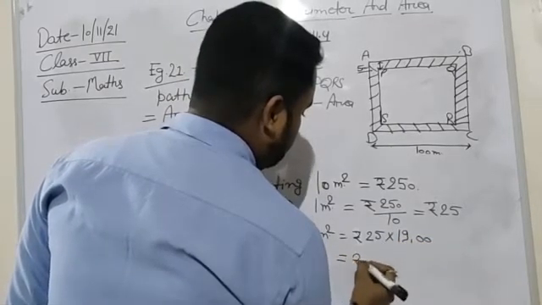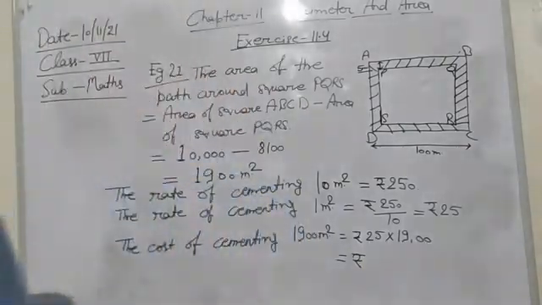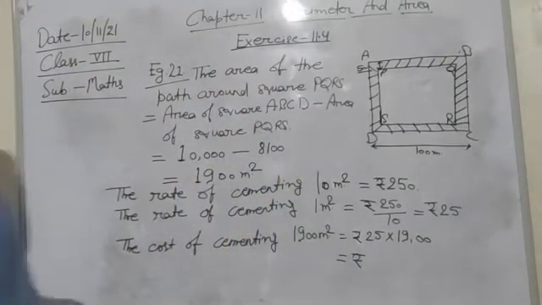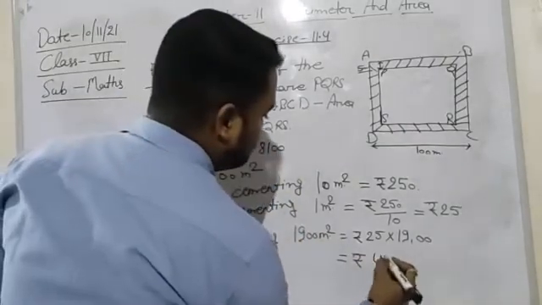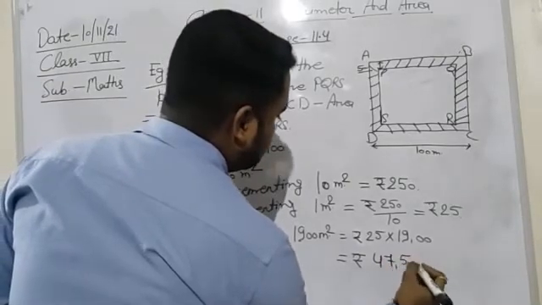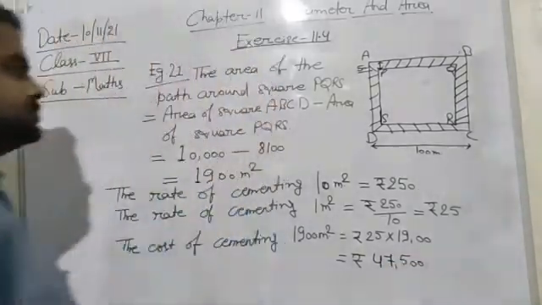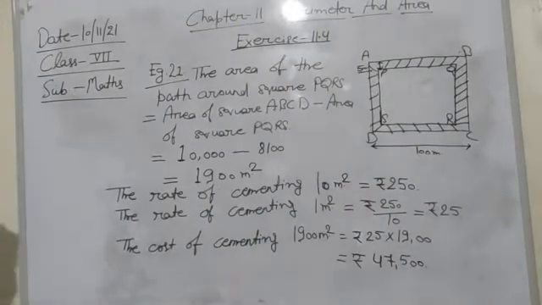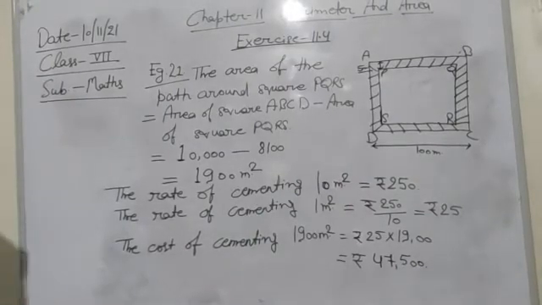So what will we get? Rupees 47,500. First note it down, then I will explain it again.